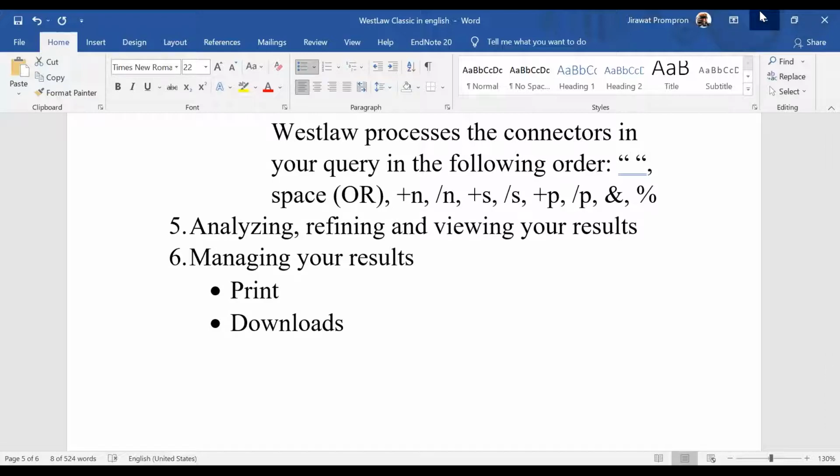Analyze means you look for whether it is related to you or not. If it doesn't serve you, to be more specific, you can add more terms: search within results. Another one, refine. Refine means 10,000 is too broad, too much for you.